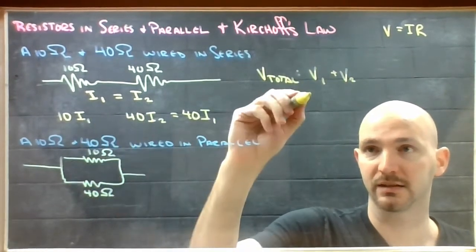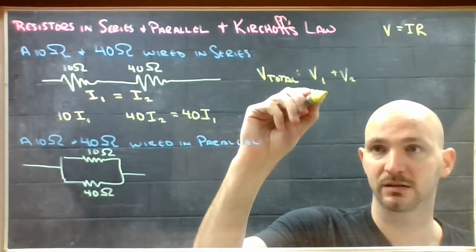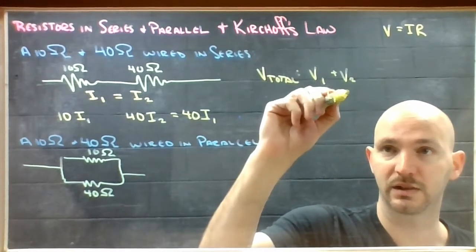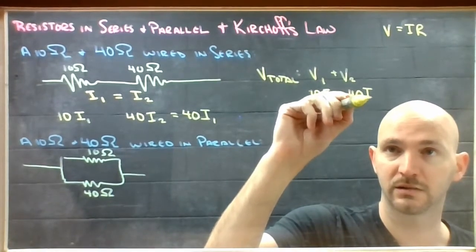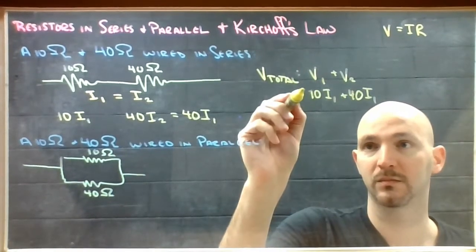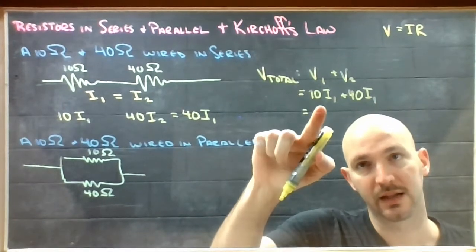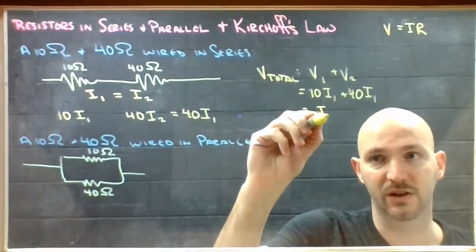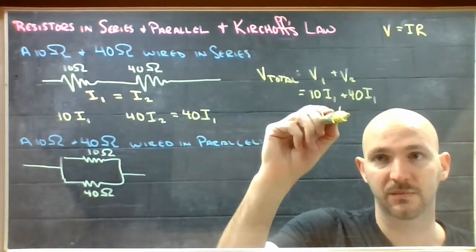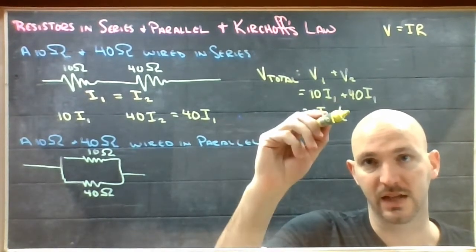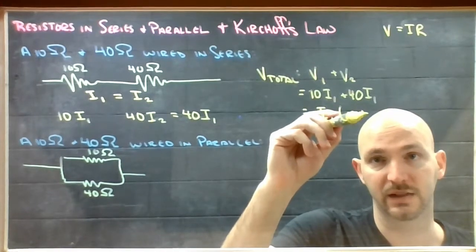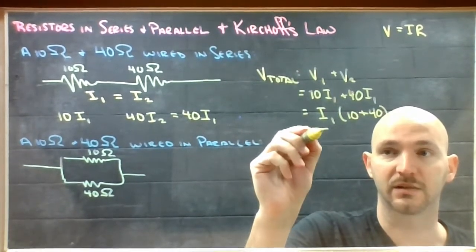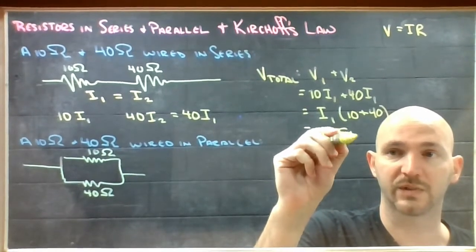I have 10 here, and I have 40 here. Now 10 and 40, I have an I1 there. So whatever this current was, I can factor it out of this, leaving 10, and I can factor it out of that, leaving that. So I'd end up with 50.